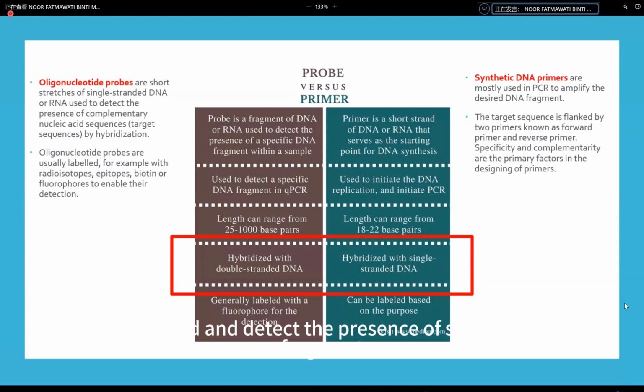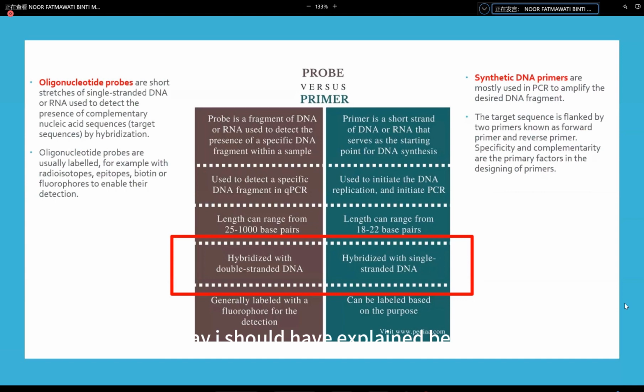It could bind and detect the presence of a specific DNA fragment within the sample, but it doesn't serve as a starting point for DNA synthesis or amplification. And then the primer is something similar, but it should be in a pair form, and it will initiate a starting point for DNA synthesis.